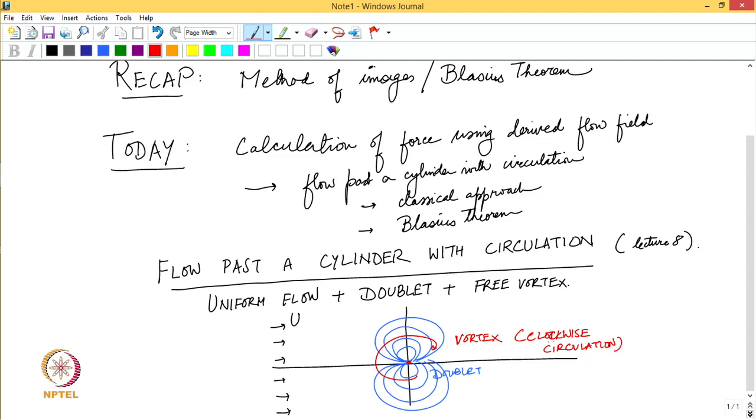The strength of it was gamma. Doublet we could write as mu, and of course, U is given. So, when we added these 3, we got the flow past a cylinder. Now, you also might remember mu was U a square, and a was the radius of the cylinder for which this flow is applicable.